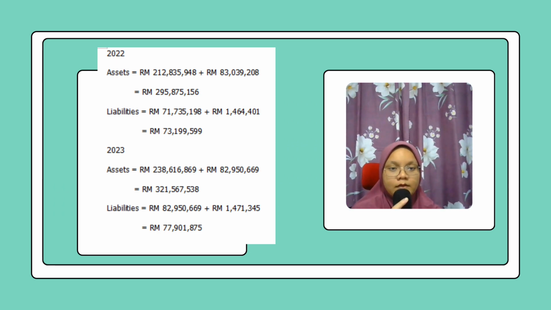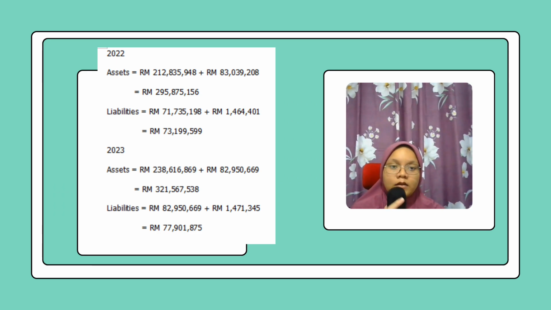For the liabilities, 2022: RM 71,735,198 plus RM 1,464,401, and the total is RM 73,199,599.